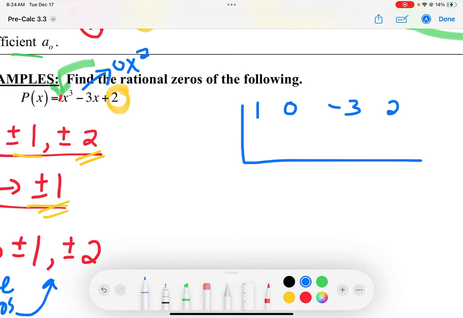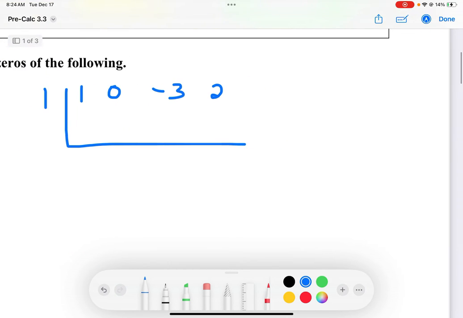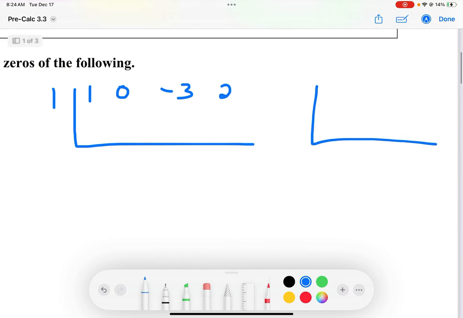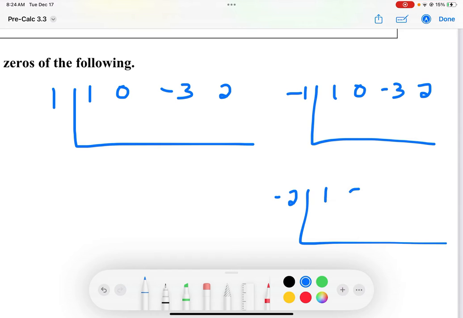First we're going to test 1, and then we set the exact same thing up to test -1, test -2, and test +2.